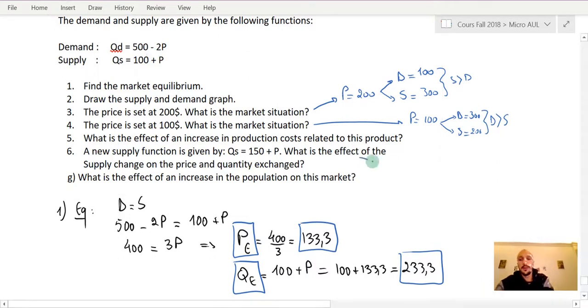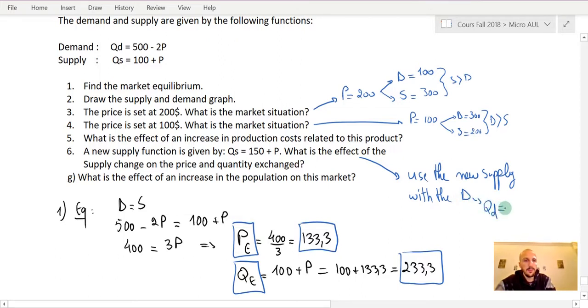So for question 6, use the new supply with the initial demand, QD equals 500 minus 2P, and the new QS is 150 plus P. Using both of these, find the quantity at equilibrium and the price at equilibrium.